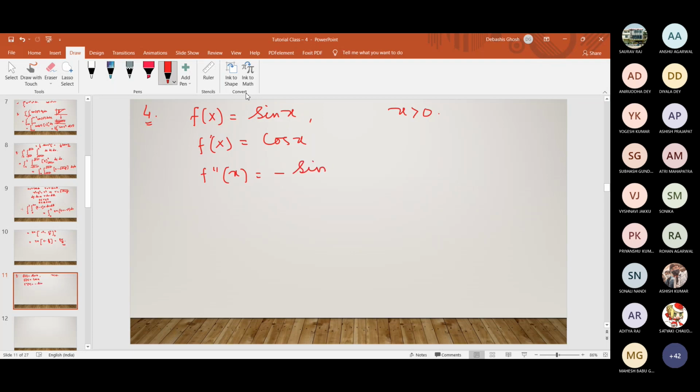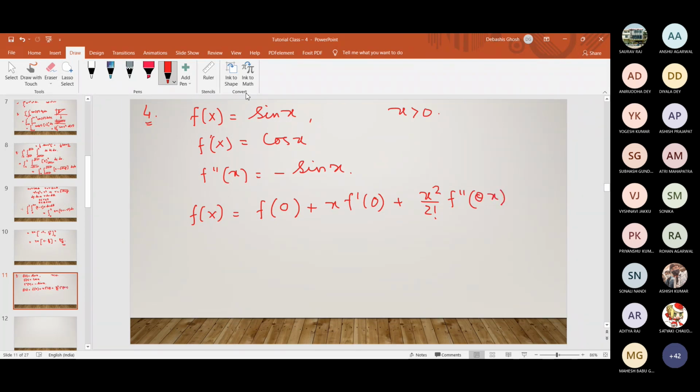Now from the mean value theorem, for the second order derivative, f of x equals f of 0 plus x f dash 0 plus x square by 2 factorial f double dash, at the point between 0 and x, which we take to be theta x.